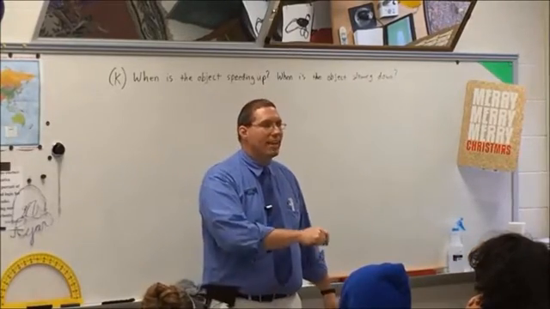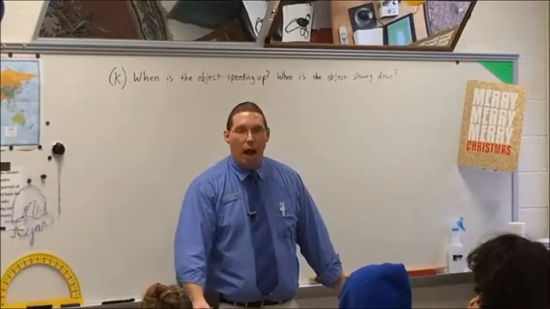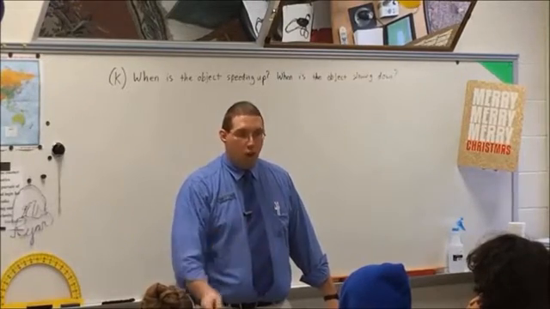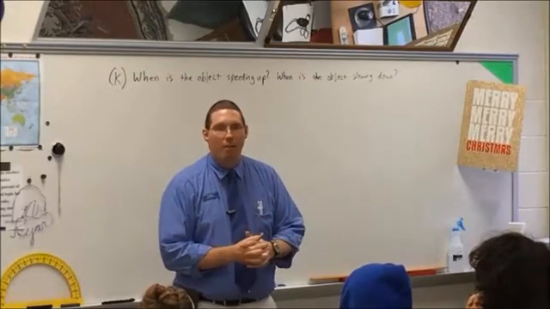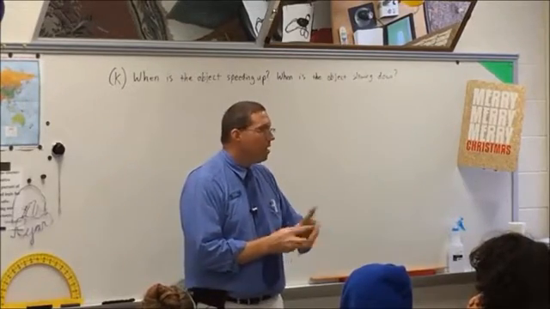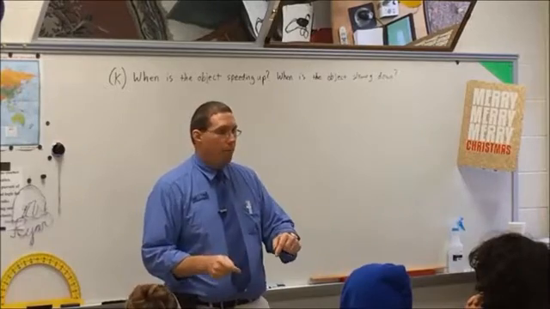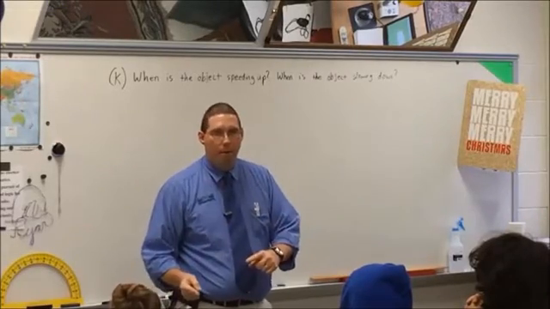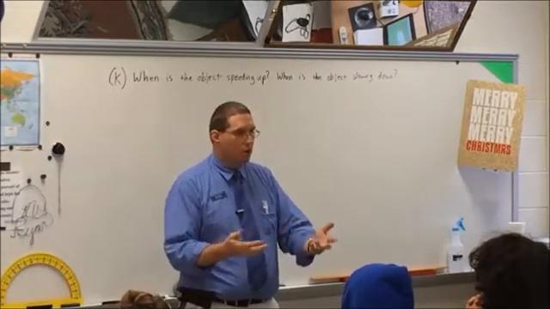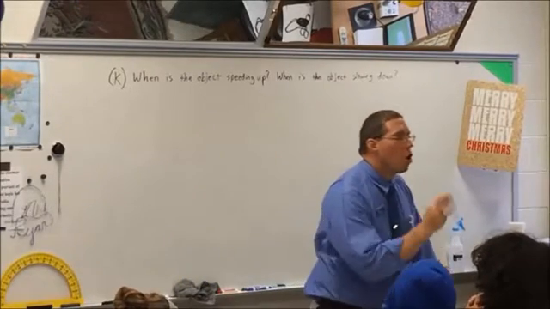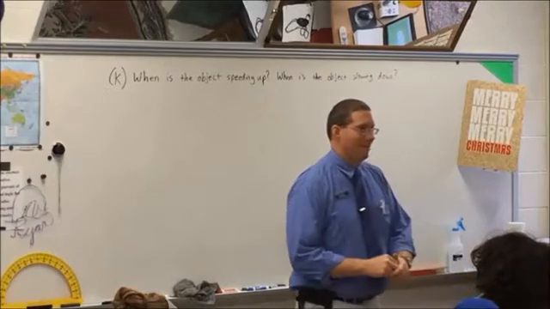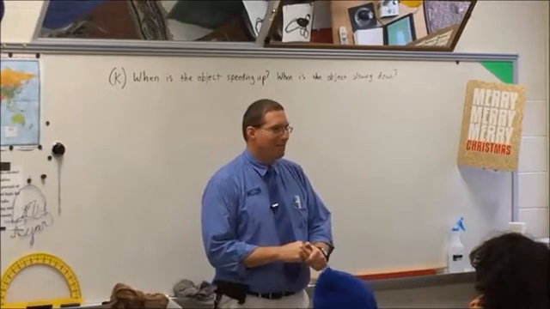An object cannot stop without first slowing down. If an object speeds up, it can't stop unless it slows down. Well, what happens when you hit a brick wall? You slow down really fast. Does that make sense?